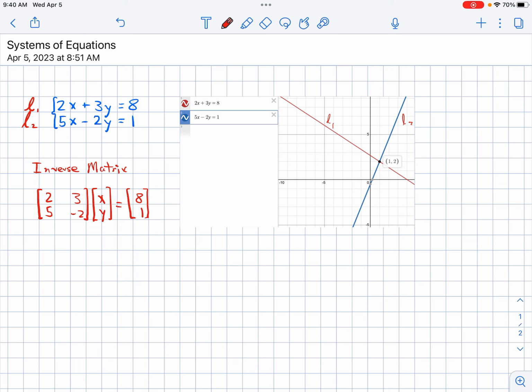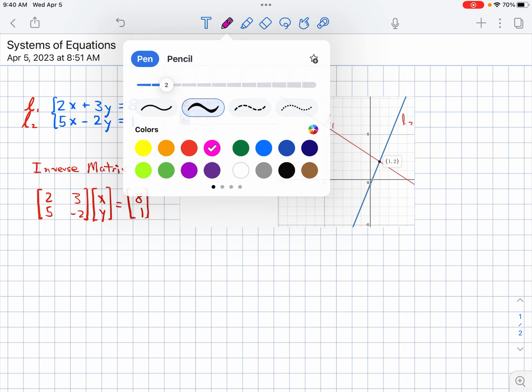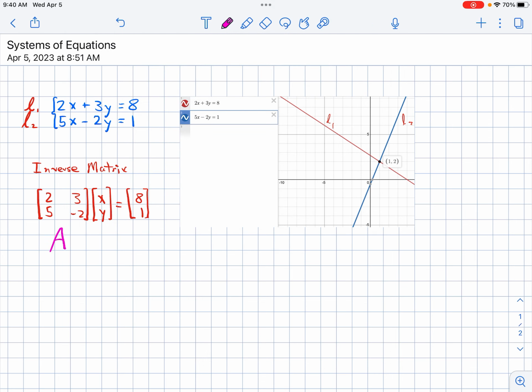But what it's like is, if this first matrix I'll call matrix A, the second matrix I'll call capital X, and then over here is the matrix B. So it's like I have AX equals B. And then we remember, okay, well, I can solve that because I'll just apply an A inverse to both sides.